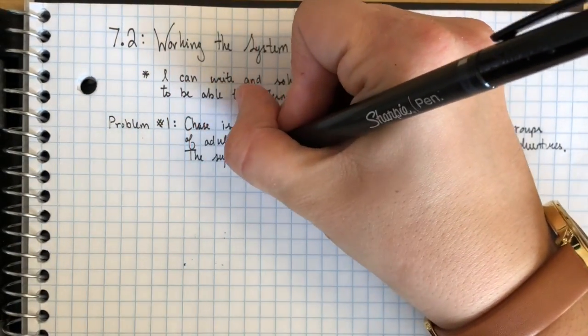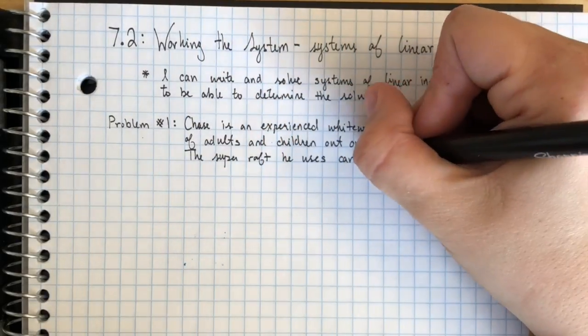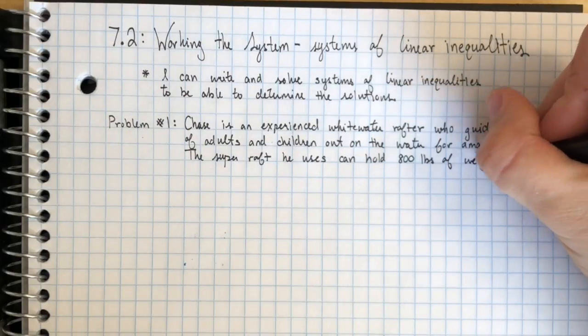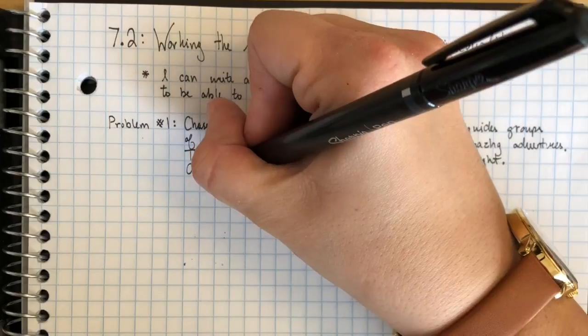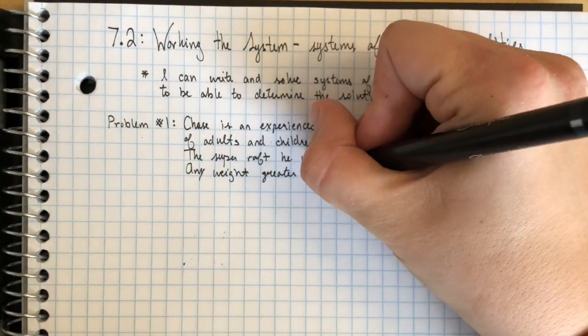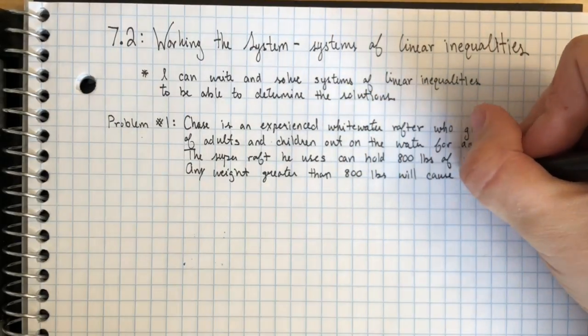So the super raft that he uses can hold 800 pounds of weight. Any weight greater than 800 pounds is going to cause the raft to sink or hit rocks, etc.